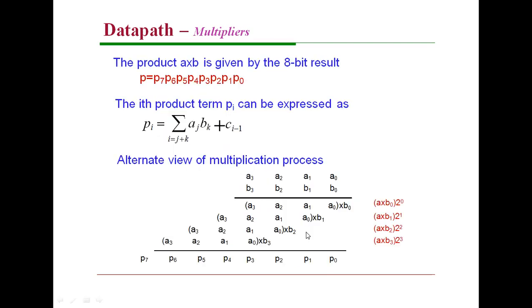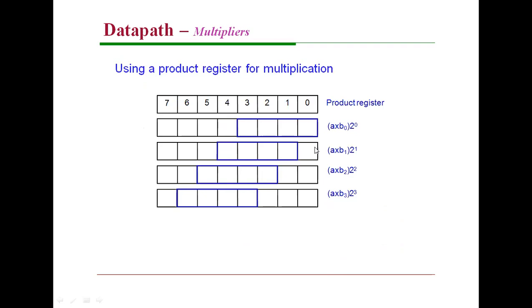Okay, how do we take it? First is the product register, an 8-bit product. All are 8-bit registers. First product.